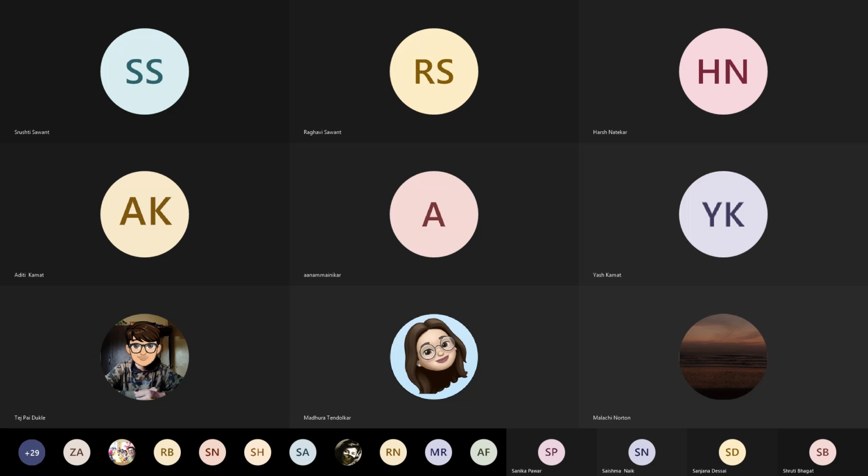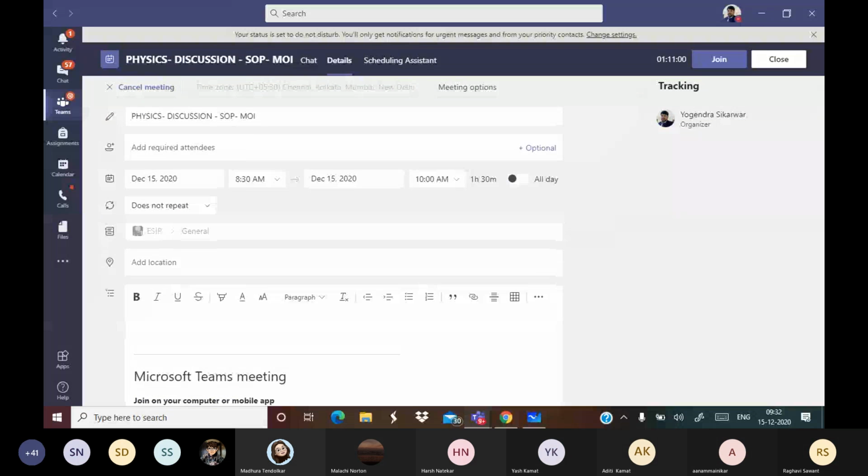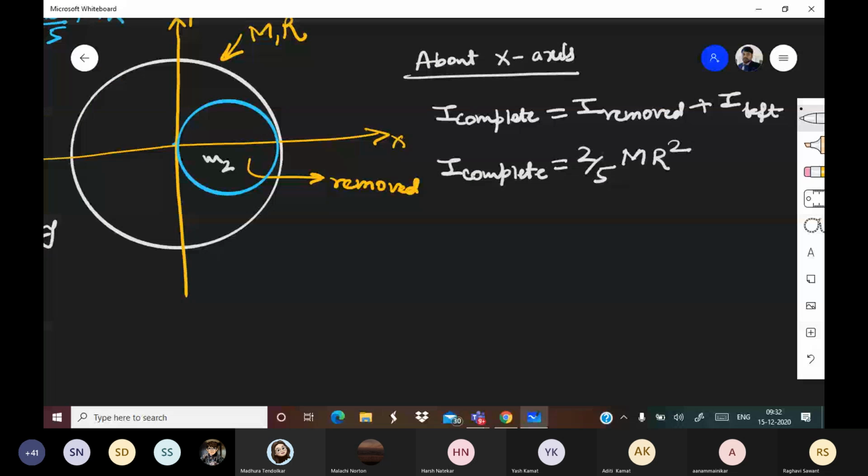Hello. Can you see the screen, everyone? Yes, sir. All right. So I complete is 2 by 5 M R square. There is no doubt about it, right? Now, if M2 is the mass of the removed part, so how much will be I removed? Pay attention.